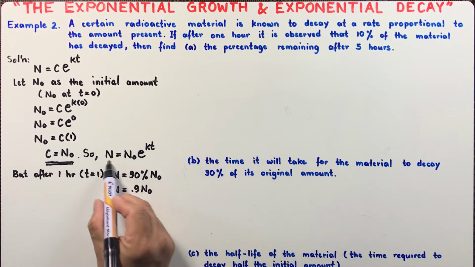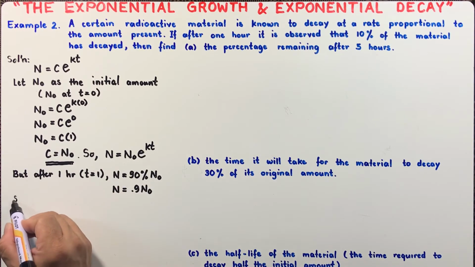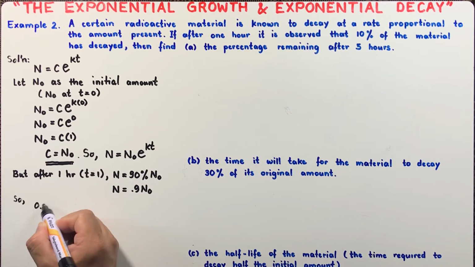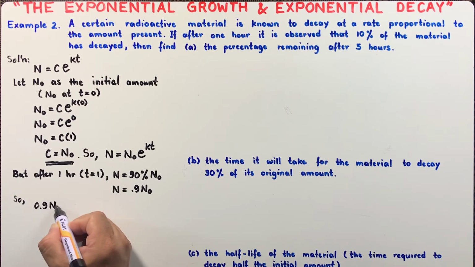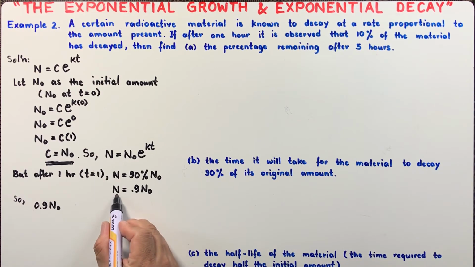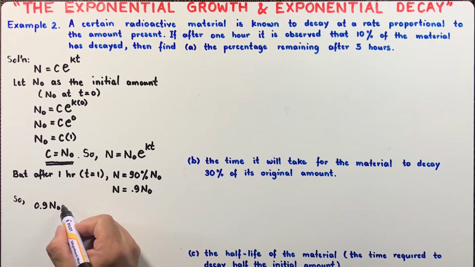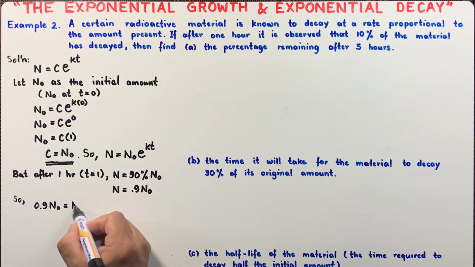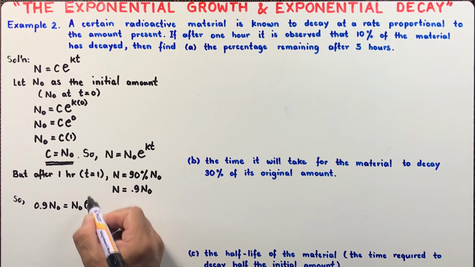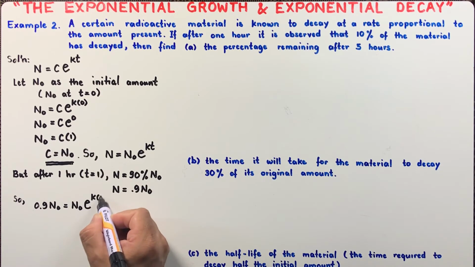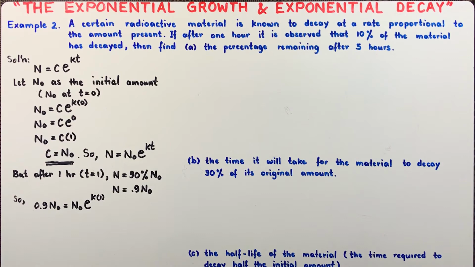So this formula can be written as 0.9 N₀, because this is our big N after 1 hour, equal to N₀ times e to the power k times 1. Dividing both sides of the equation by N₀, N₀ will be cancelled. So 0.9 is equal to e to the power k.